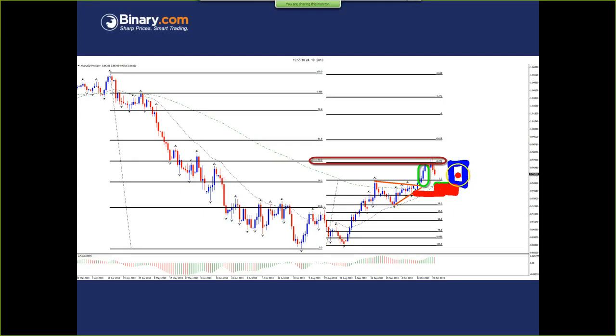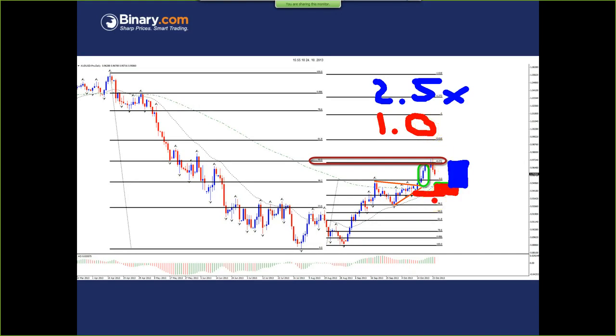And if you look at the blue box with the red box, what do we see? It seems to be like a 2.5 to 1. So that means our reward potential is 2.5 times bigger than our risk. Is that more than 1 to 1? Yes, it is. Is that good? Yes, it is. We want more than 1 to 1.